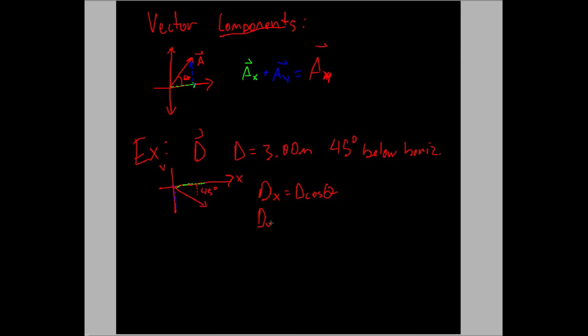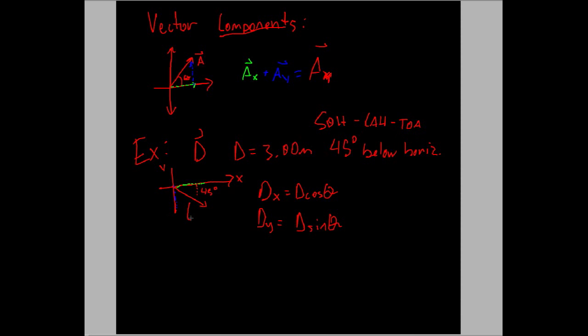Now, dy is d sine of theta. This all comes from SOHCAHTOA. So sine is opposite over hypotenuse, cosine is adjacent over hypotenuse, and tangent is opposite over adjacent.